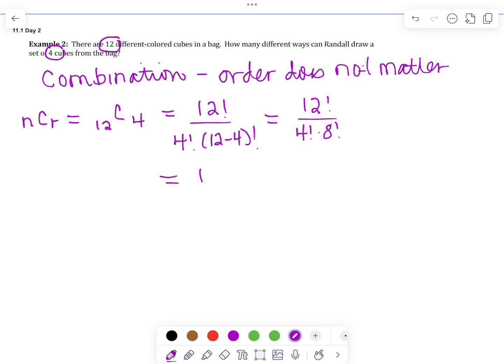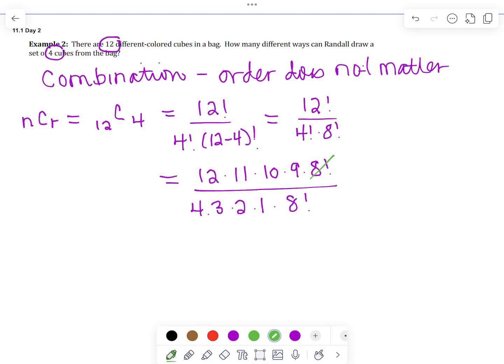And then I'm going to start to expand that 12 factorial in the numerator. So 12 times 11 times 10 times 9. And then I'm going to stop at 8 factorial because I have an 8 in the denominator. And then I'll expand the 4 factorial. So 4 times 3 times 2 times 1. And I'm going to leave the 8 factorial.